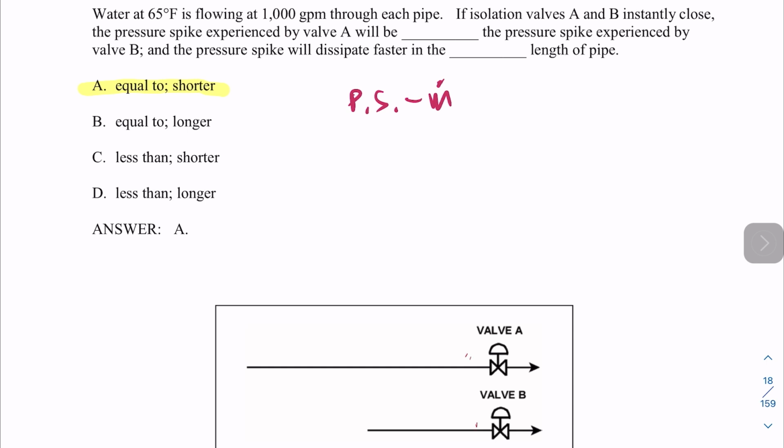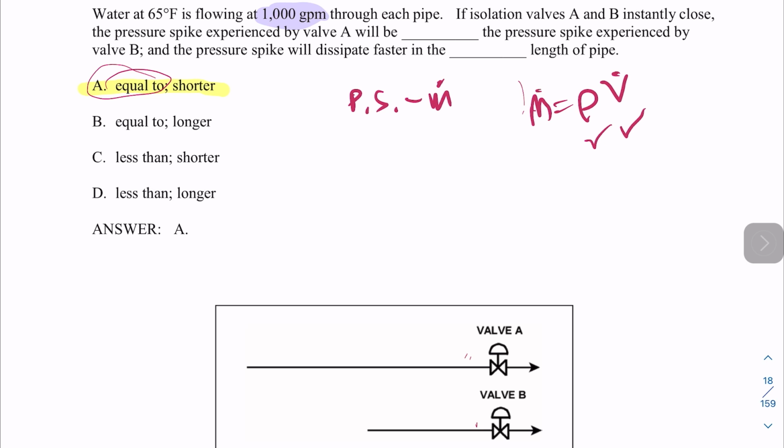Since we have everything the same here, the same temperature and the same volumetric flow rate, the pressure spike experienced by valve A is going to be equal to valve B, because they have the same volumetric flow rate.